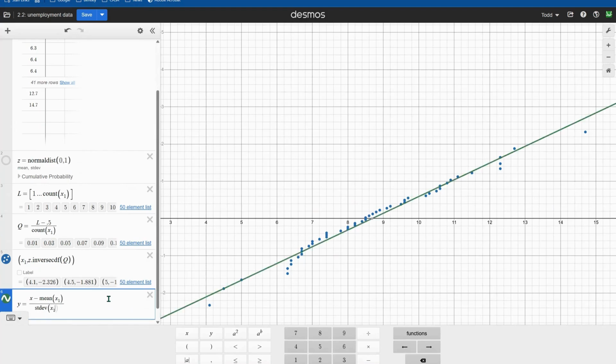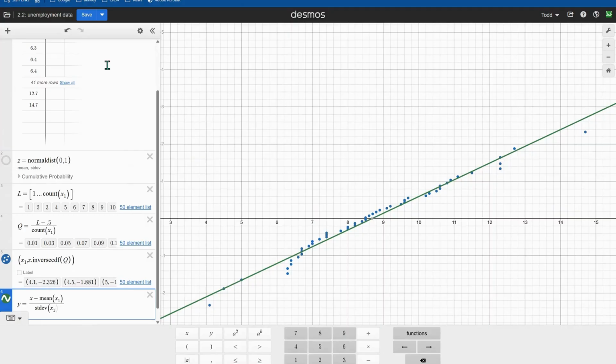So there's a line that we can compare the dots to, and those dots are pretty close to the line, which indicates that this set is approximately normal. All right. So that's what us checking the normality of that data set looks like.